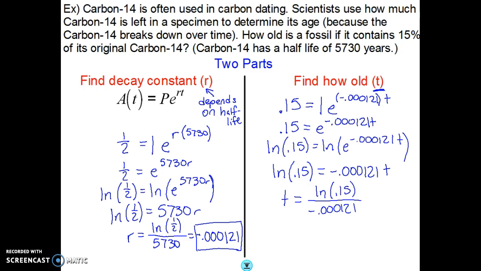This goes into your calculator, and you get that T is about 15,679 years. Meaning that our fossil is 15,679 years old.